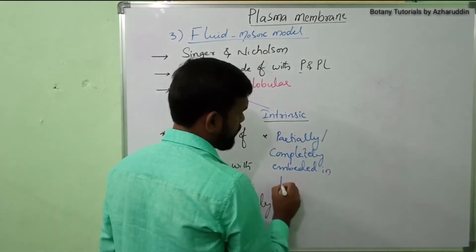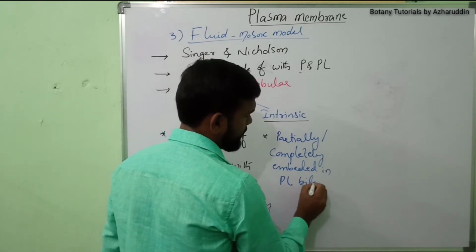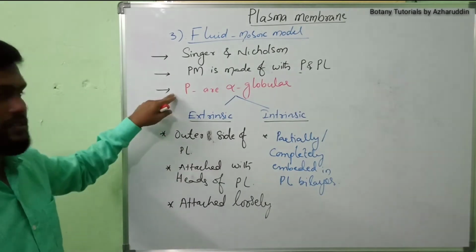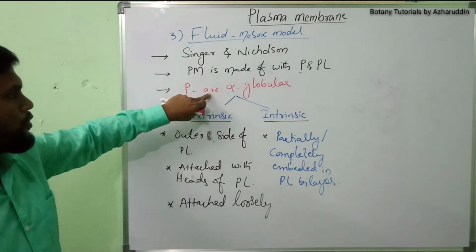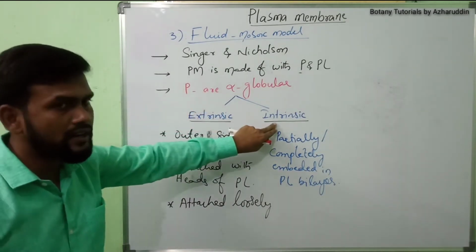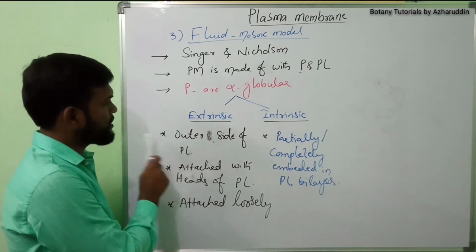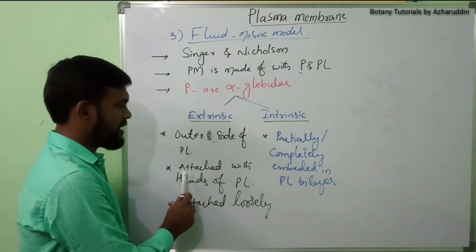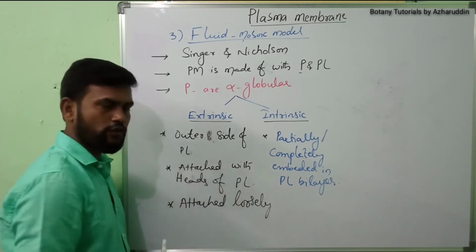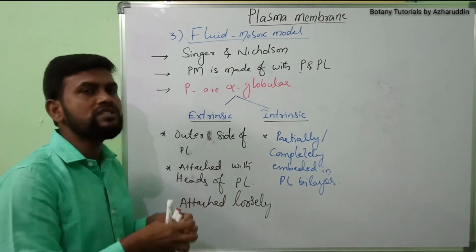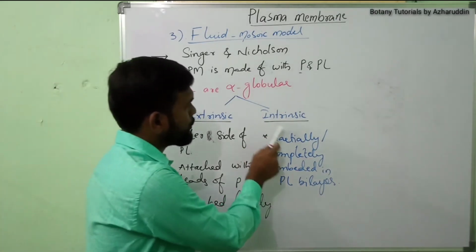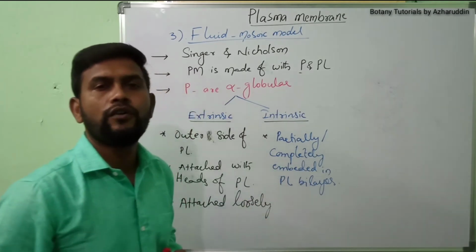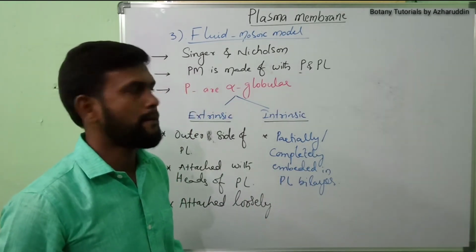This is about proteins. Do you understand? Proteins are of two types, extrinsic and intrinsic. Extrinsic proteins are present on the outer side of phospholipids, attached with the heads of phospholipids, and they are loosely attached. Next, coming to intrinsic proteins, they are partially or completely embedded in the phospholipid bilayer.